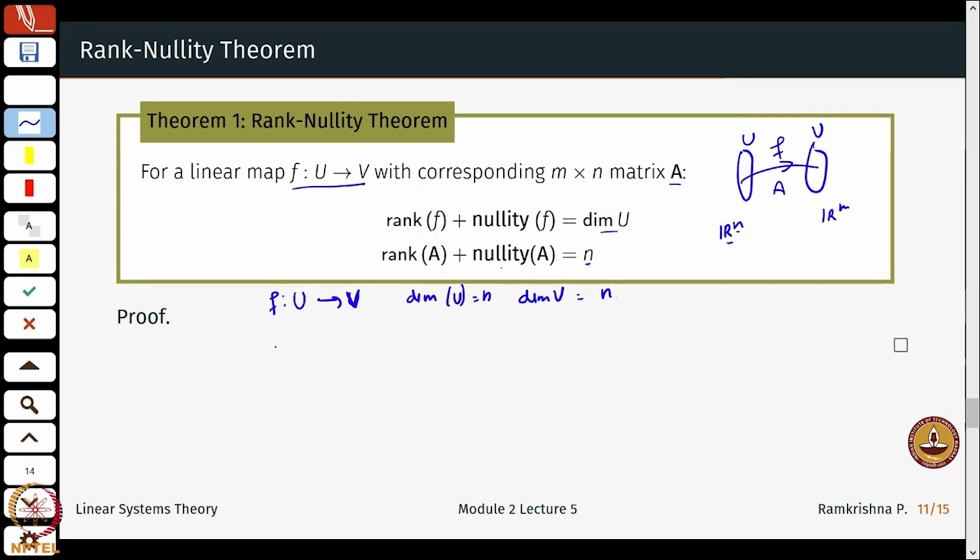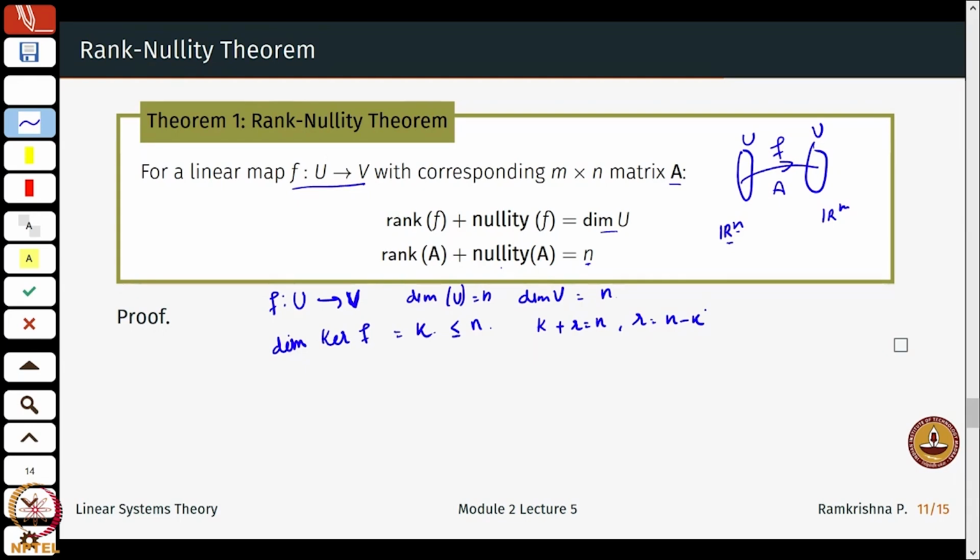Now, let us assume for simplicity that the dimension of the kernel of f is some number k. It could be 0 also, right. So, k will be less than or equal to n. And let us say that k plus r equals n, or we define a quantity r which is n minus k, which can also be 0 or any value between 0 and n.